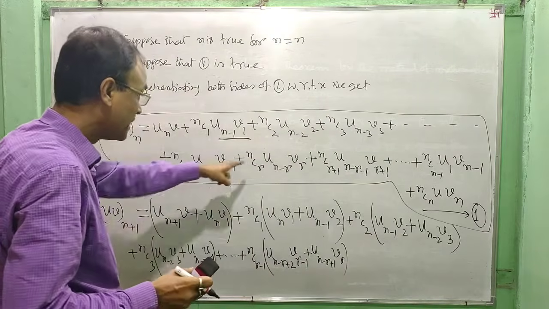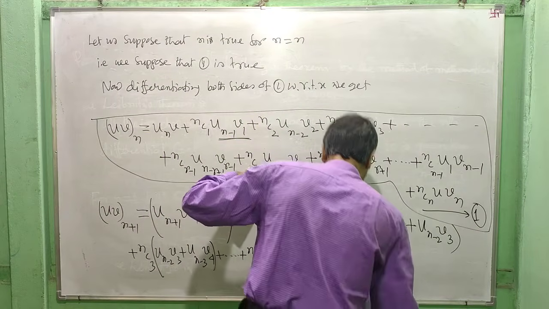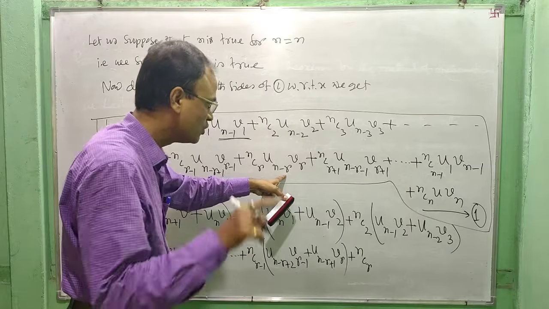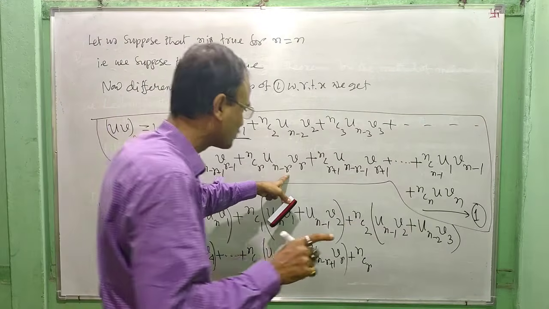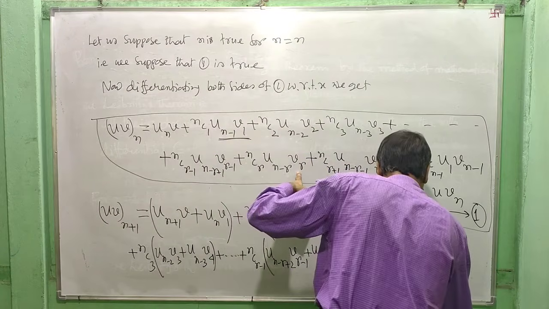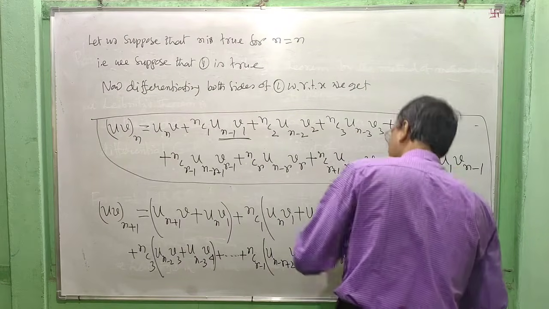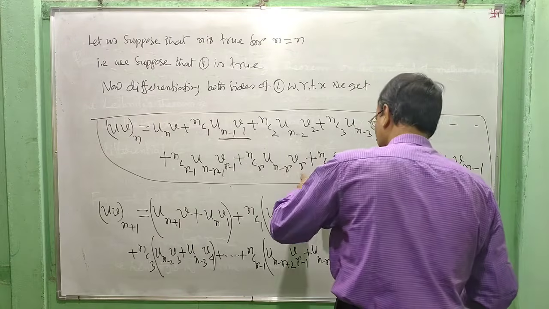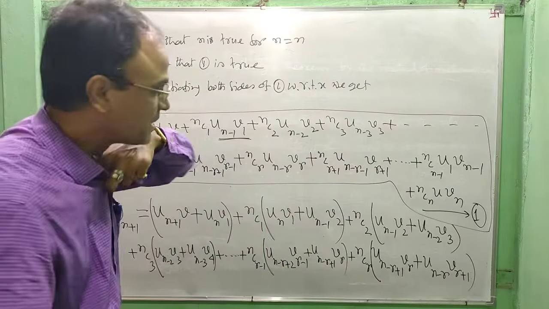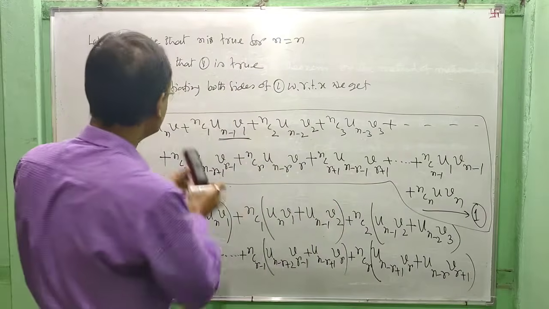This term will be this plus nCr. Differentiate again with respect to x. You will get (n-r+1) u^(n-r+1) vr plus u^(n-r) v(r+1). Up to these terms I have written this. Next, this term I am writing in here.